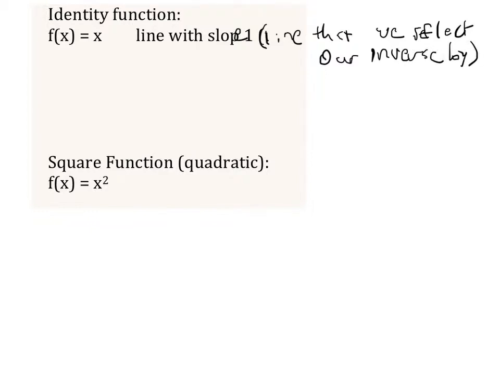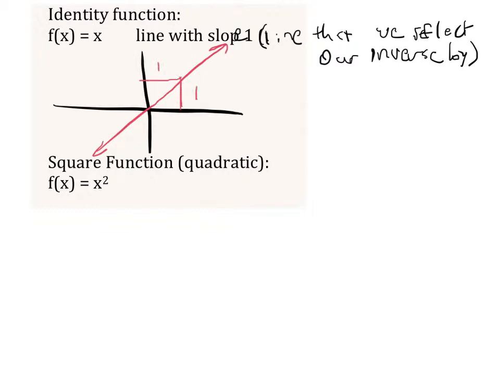Okay, so drawn here, change to red, diagonal line going through the origin, same rise over run, 1, 1. Okay, could be 2, 2, 3, 3, whatever. F of x equals x, we call this the identity function.